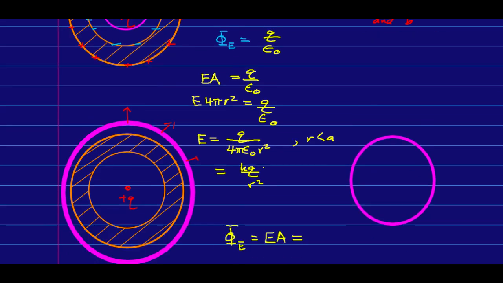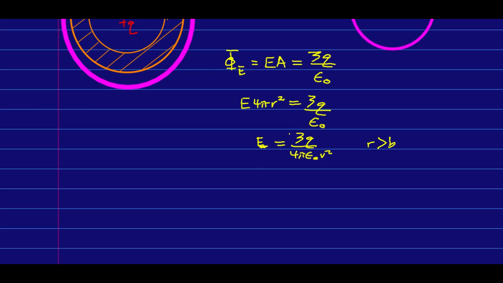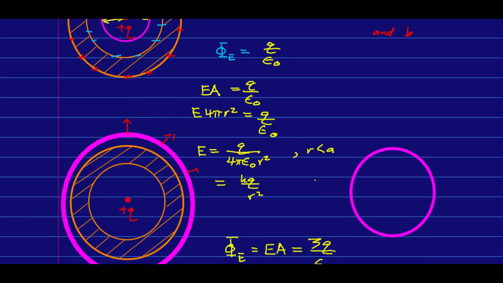So overall, we've got 3Q over epsilon naught, and that A, again, is just 4 pi r squared. And so our E field outside, in other words, for r greater than B, is just 3Q over 4 pi epsilon naught r squared. And again, I can substitute that that is 3kq over r squared. And we now know E everywhere.